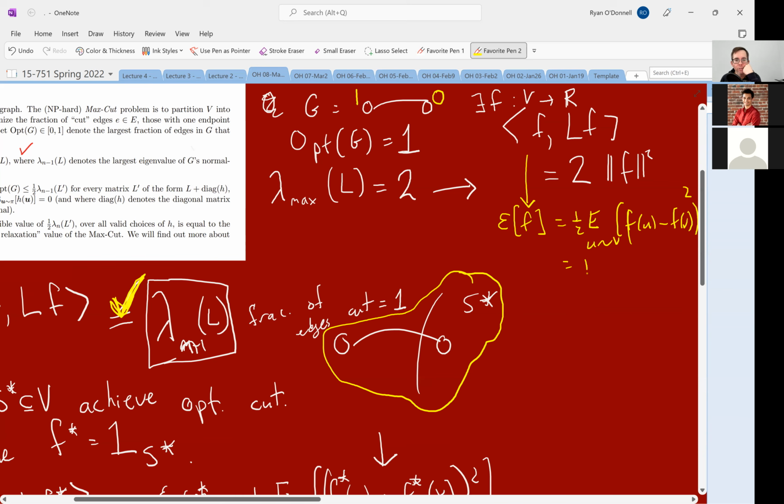Okay, which is a half. Wait, is it a half? Yeah, it should be. And then this one is the expected value of f squared. And what's that in this case?